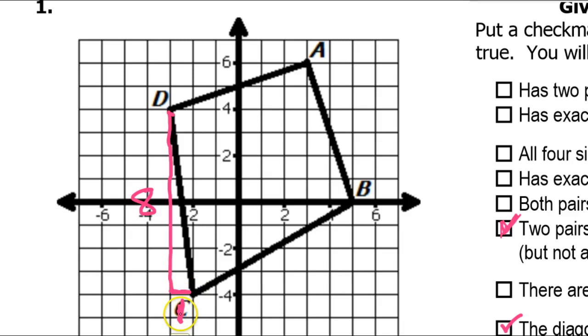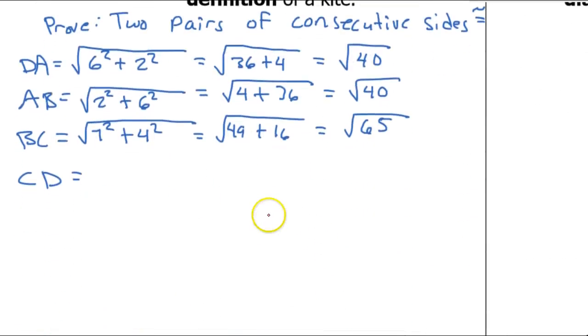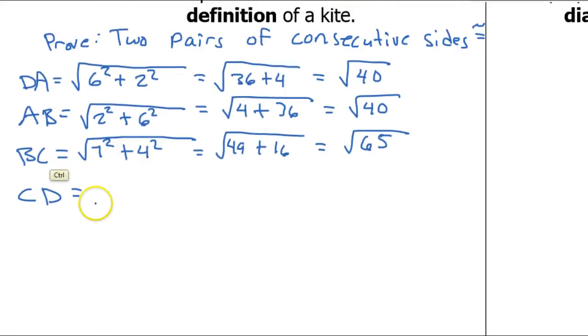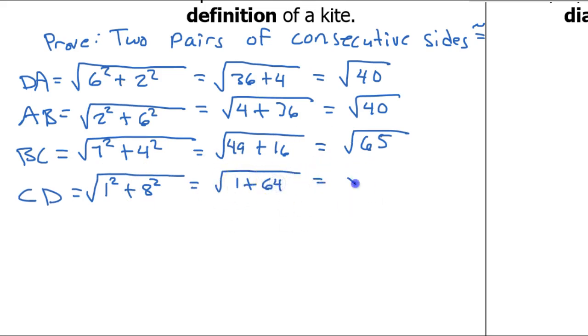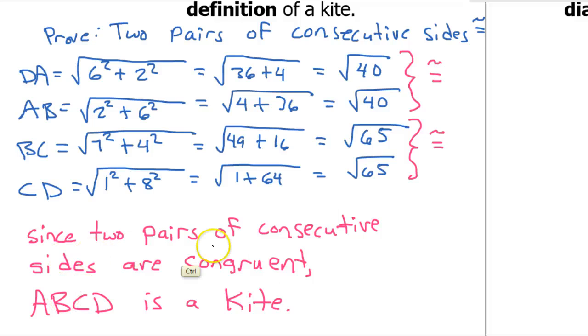So I've got the square root of 1 squared plus 8 squared. That's going to be the square root of 1 plus 64, which equals the square root of 65. So notice that here's one pair of consecutive sides that are congruent, and here's another pair of consecutive sides that are congruent. So since 2 pairs of consecutive sides are congruent, ABCD is a kite.